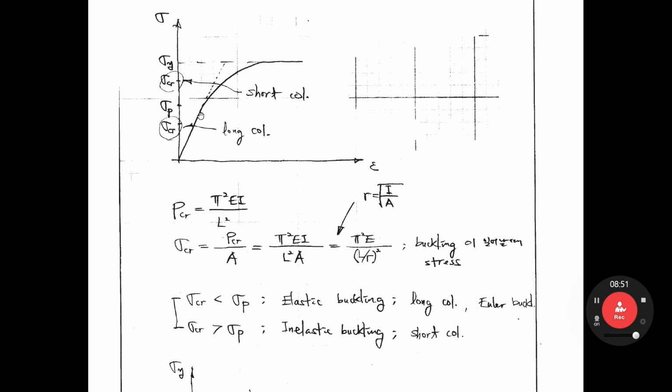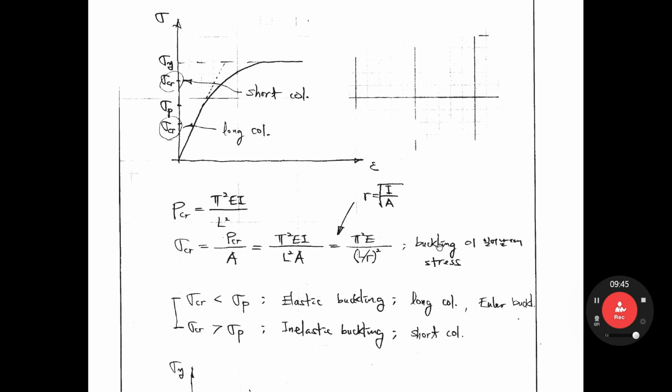For the elastic long column case, PCR equals pi squared EI over L squared. If you divide by A, you can get sigma CR. If you move this I to the downside, then you can get r, right? r equals the square root of I over A. This equation can be written as this.